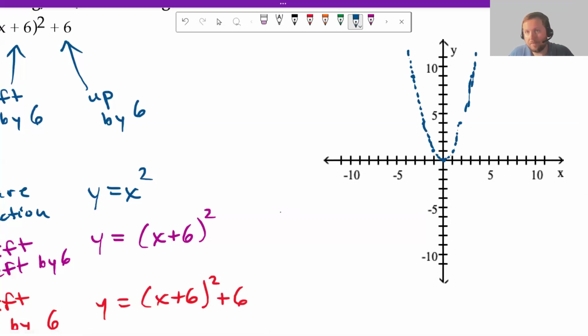Well, sometimes the computer even cooperates with me. Okay, so there's our parent function. So this is y equals x squared. And then 6 to the left, all that's happening is we're moving each point 1, 2, 3, 4, 5, 6 places to the left.